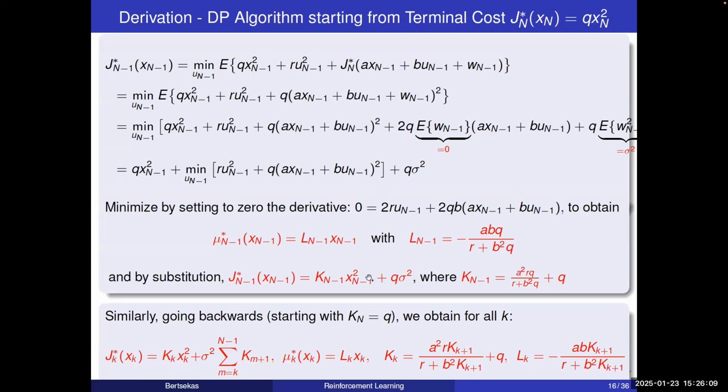Okay, that's important. Now, in a more general version of the problem, the W could have an arbitrary mean, but known, okay? That's the important thing. And then these formulas will change a little bit. But the same derivation applies.